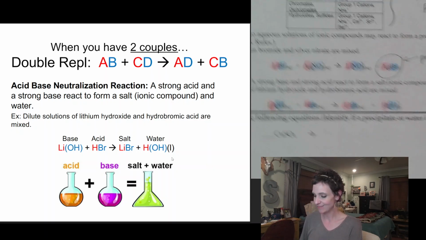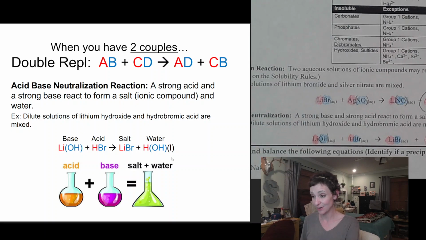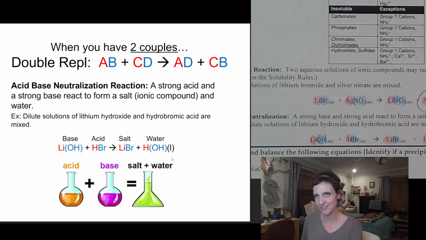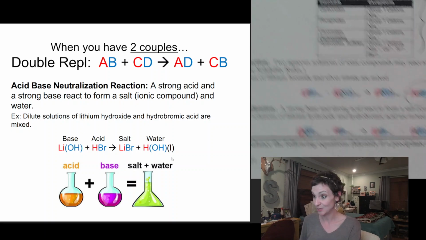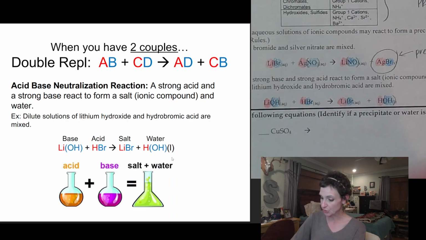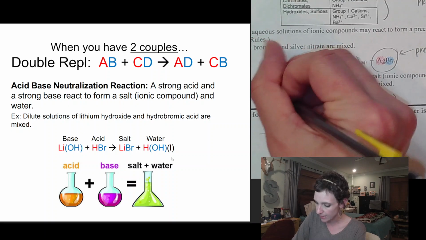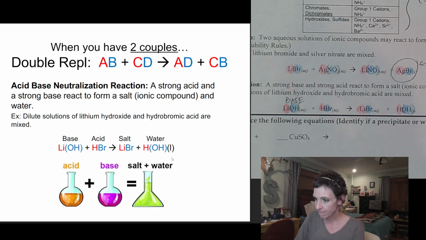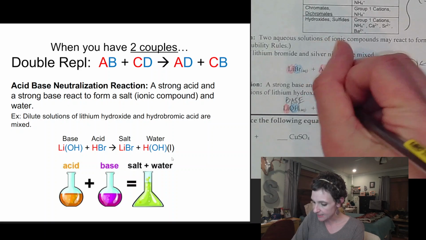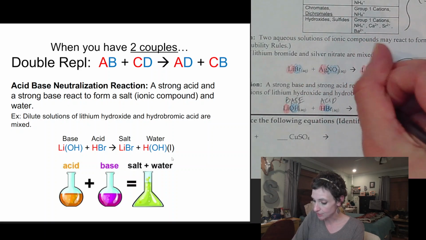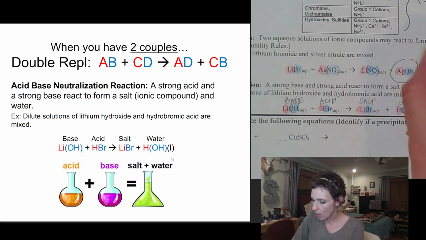Yes, so I've got precipitation reactions, which most of our practice will be because they're fun to read the solubility rules, and then my acid-base neutralization reaction where I produce water. So we will label this base, we will label this acid, we will label this salt, and this is our water.